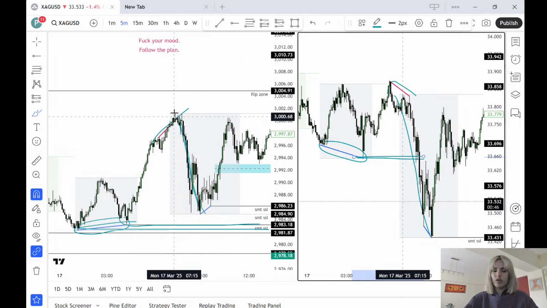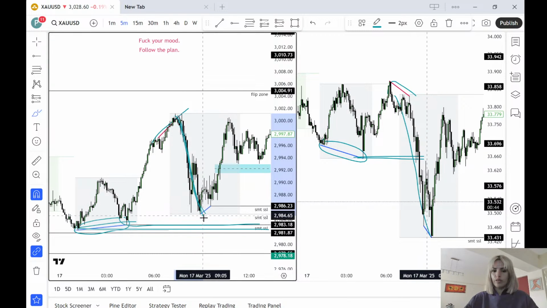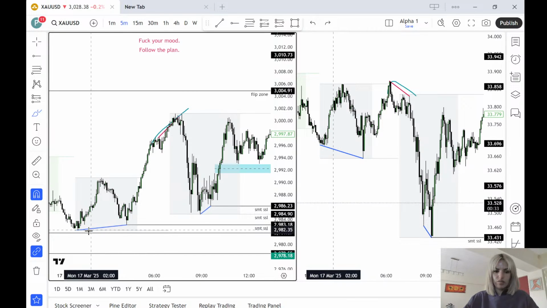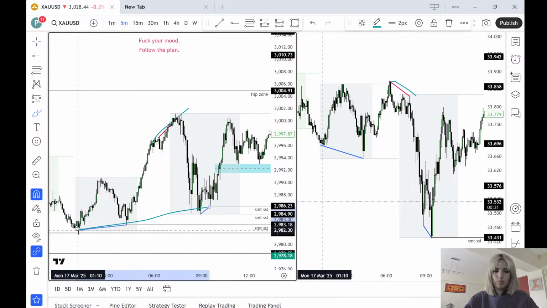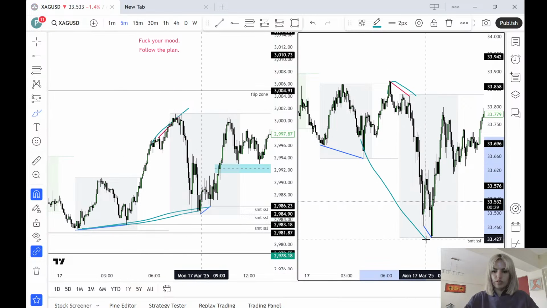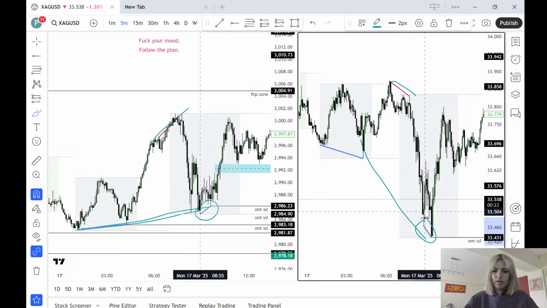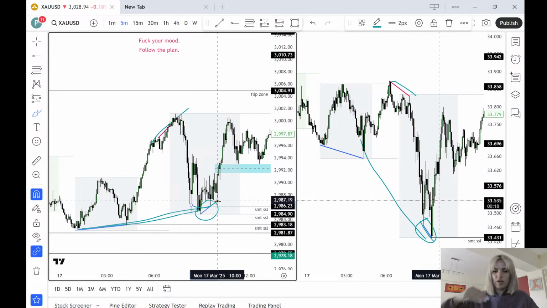In other words, price on gold goes down just to become cheaper so it can become more attractive for buyers. And that's how I created another SMT, where gold did not sweep London low, but silver did sweep London low. Then another SMT divergence happened here. So again, it's indicating SMT divergence at the lows, a possible push to the upside incoming.